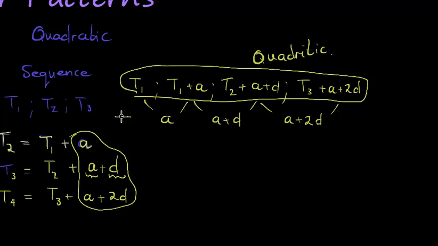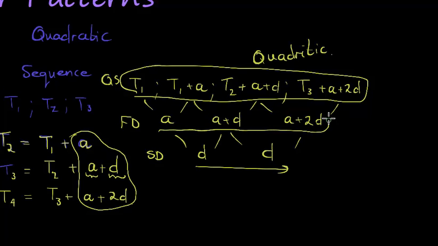The first difference for a quadratic sequence is an arithmetic sequence. And if we find the constant difference here, we can see that this time there's a constant difference between these two. So the second difference has a constant difference, okay? But yes, the pattern produced by the first difference will create an arithmetic sequence.